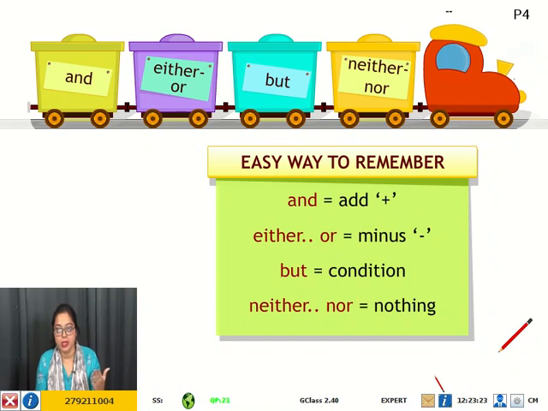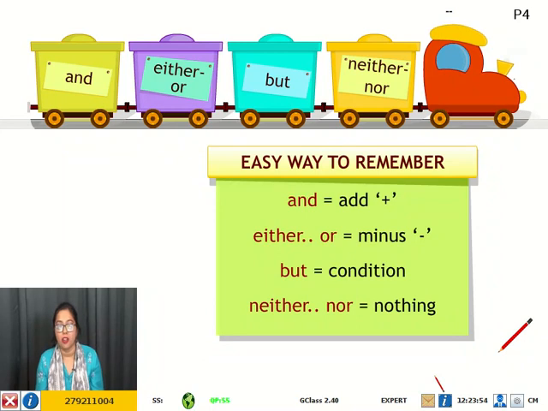So how can we use these as connectors? The first word is and. Let's say we are to add something in a sentence, then what do we use? We use the word and. If we are to deduct something from this sentence, or let's say we are to give a choice, in a positive sentence, if they are given a choice, then we use either or.